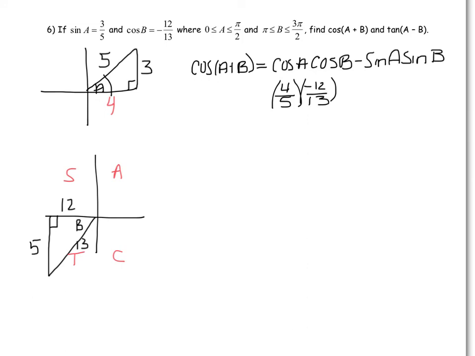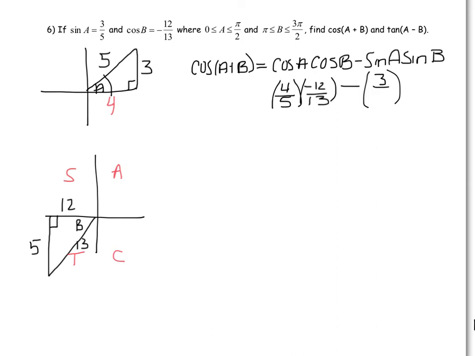But notice, I put a negative. Why did I put a negative? Not because it was given here, but because in quadrant 3, tangent's the only thing that's positive, therefore cosine is negative. Why did I leave cosine of A to be positive? Because this triangle for A is in quadrant 1, where everything is positive. Okay, let's move on. Sine of A. So sine is opposite, which is 3, over hypotenuse, which is 5.